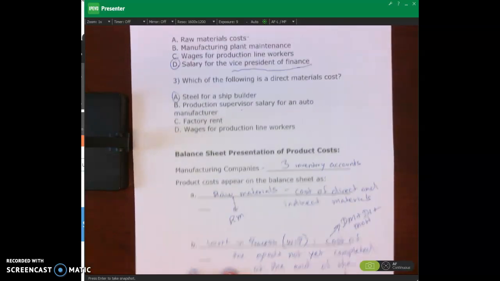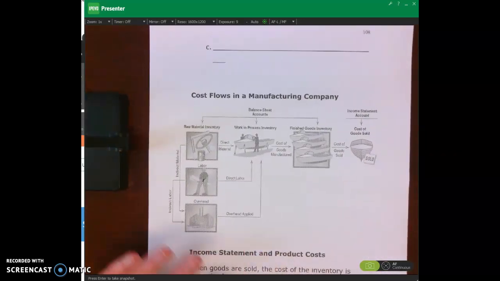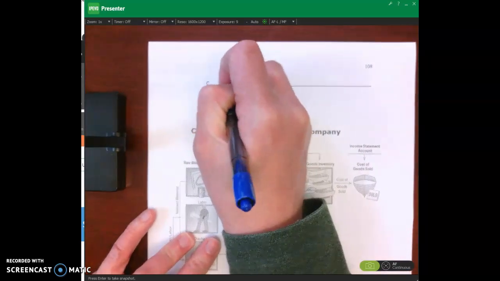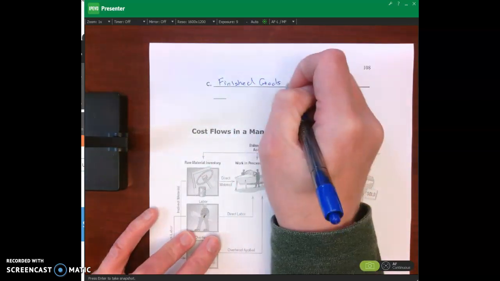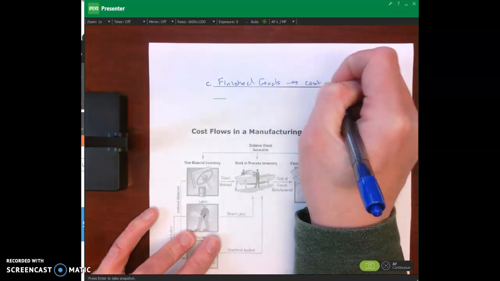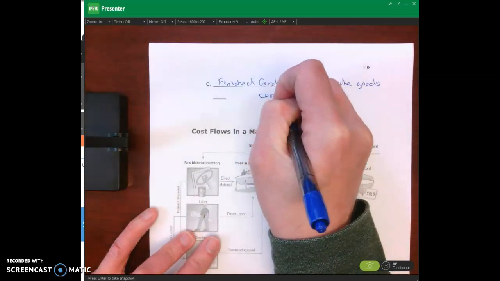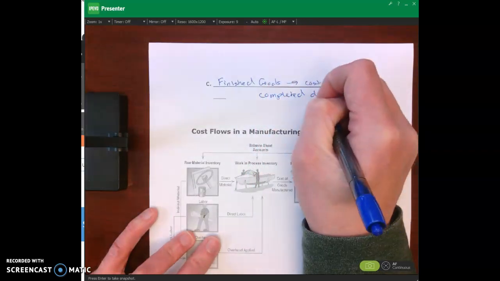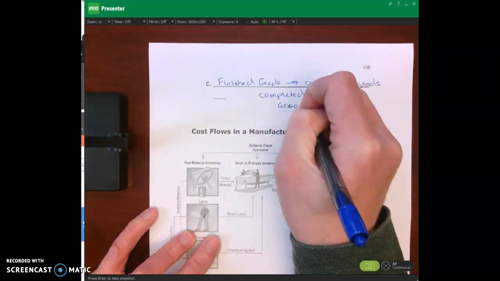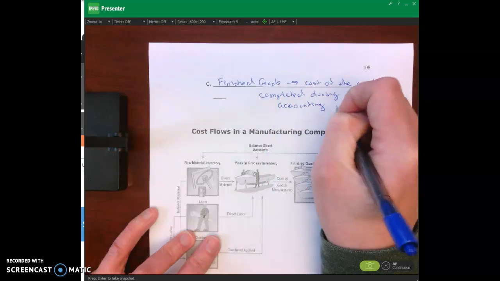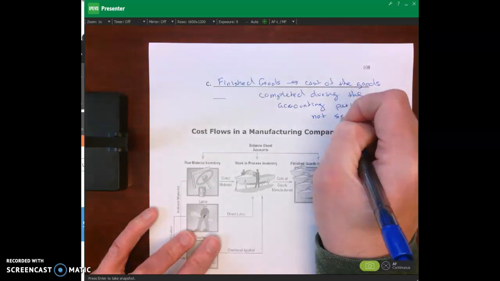Okay? So then the last inventory account that we have is called finished goods. Finished goods. Okay? And that is the cost of the goods completed during the accounting period but not sold.